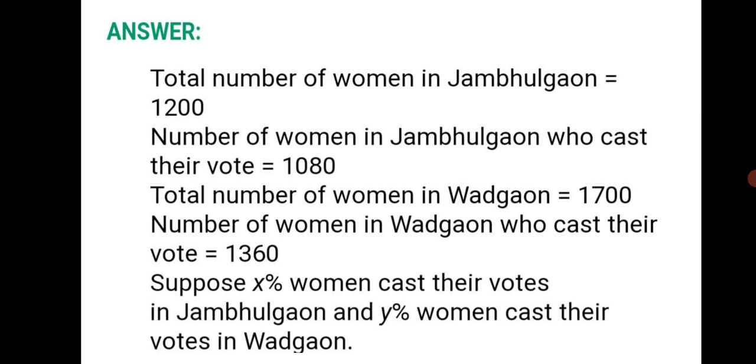So first four statements are over. Then we will assume the percentage to be X for Jambulgaon and the percentage of women who cast their votes to be Y% in Vadgaon. So accordingly write your statement. Suppose X% women cast their votes in Jambulgaon and Y% women cast their votes in Vadgaon.